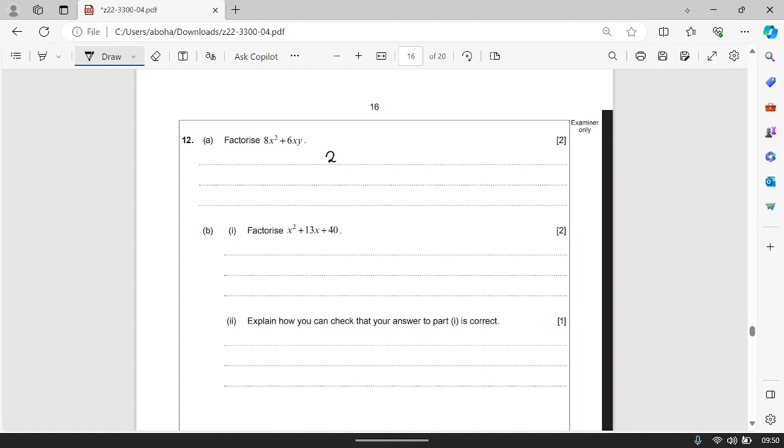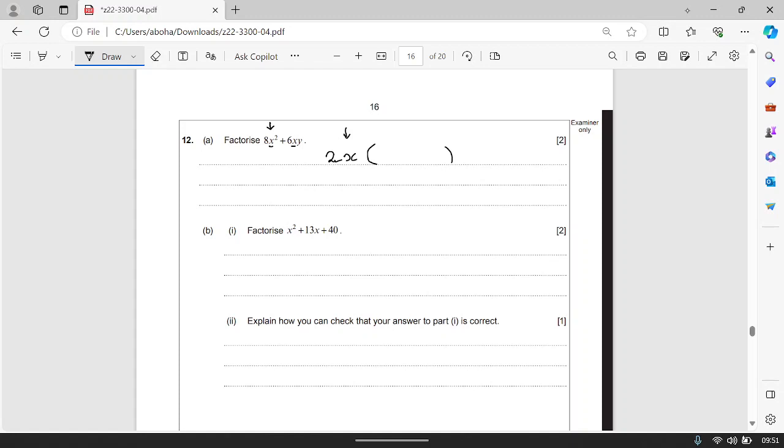Then ask yourself this question. Well, what letters come to both sides? We've got an x and an x. So we take the smallest value, which is just a single x. There's no y to both sides, so that goes outside the brackets. Now I ask myself this question. What do I multiply by 2x in order to get 8x squared?